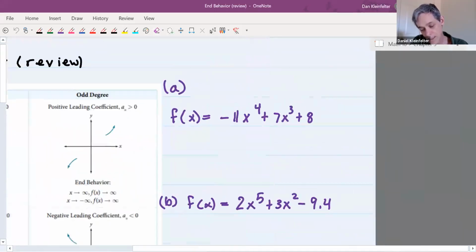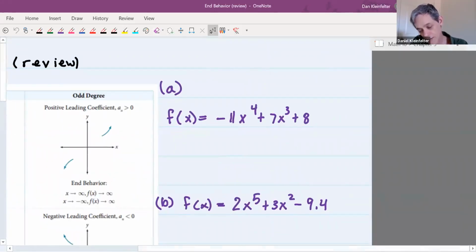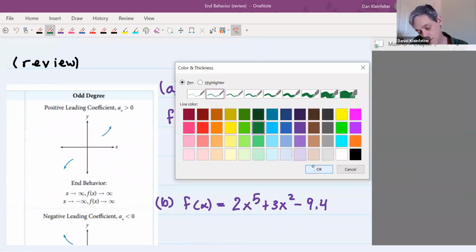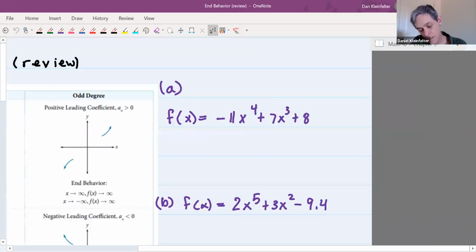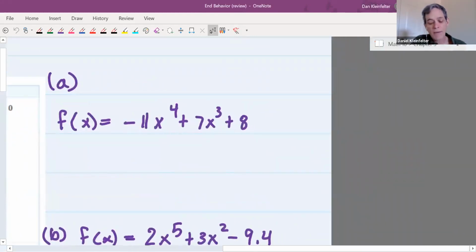So let's have a look at a couple of examples. Okay. So we just want to describe the end behavior. So here for this function f, the degree is even, okay? So the two ends are going to do the same thing. And since this is negative, that's even, that's negative.